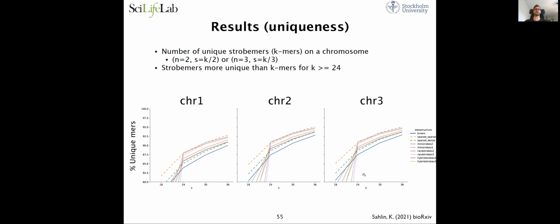And it turns out that for somewhat reasonable sizes of k, larger than somewhere 20 to 24, we see that strobemer protocols actually produce a larger fraction of unique matches on the human chromosomes compared to k-mers. And this is somewhat surprising. So this means that strobemers are not just more efficient at finding matches when there are mutations in strings, but they also produce more unique matches in this biological context, which is sort of related to both sensitivity and precision.